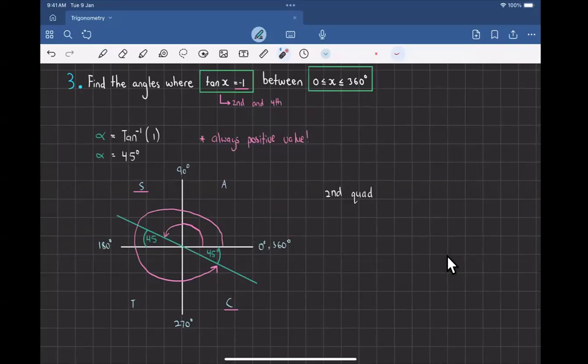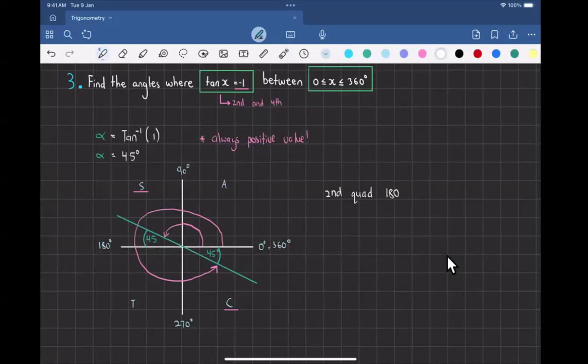The 315 is done, no? That's correct. That's the answer for the fourth quadrant. I needed you to tell me the answer in the second quadrant. So watch. You go to 180 degrees, but you're stopping 45 degrees before. So what's the angle from here to here? 135, yeah.